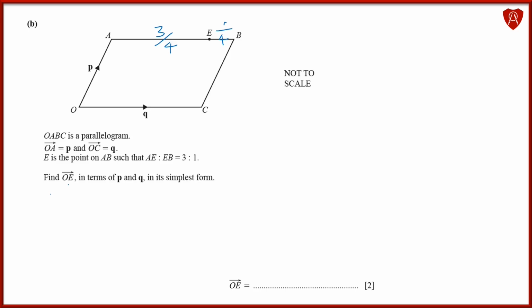Let's start by sketching the line OE. We need that vector. A vector can always be replaced by components that add up to it. We shall say vector OE is equal to vector OA plus vector AE.